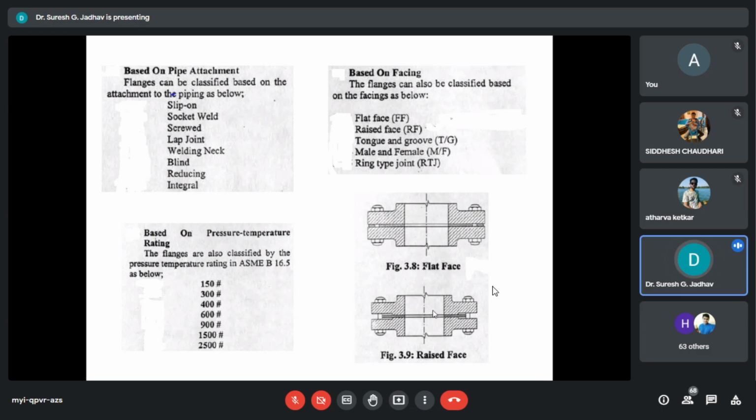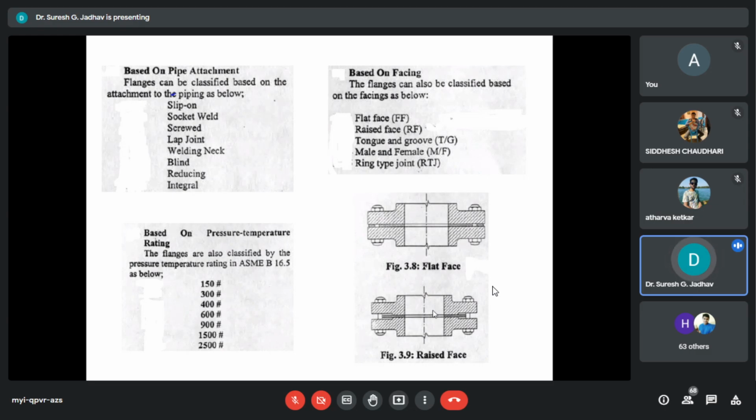ASME B16.5 does not recommend the use of 150# flange above 400 Fahrenheit temperature or 200 centigrade. So this is the restriction when we use class 150#.